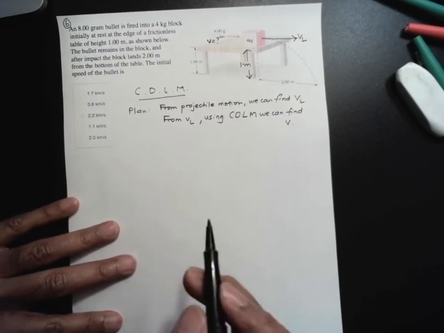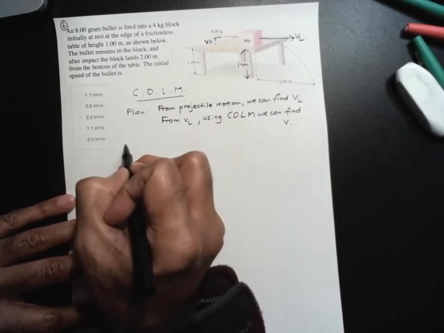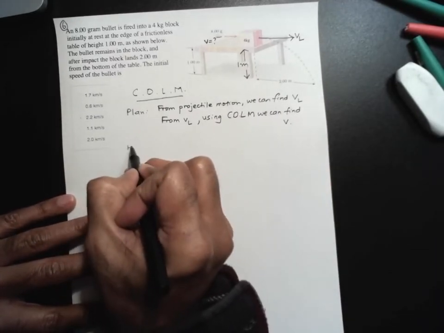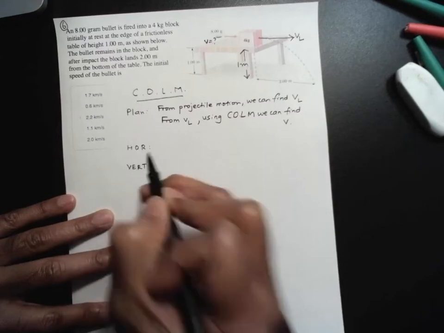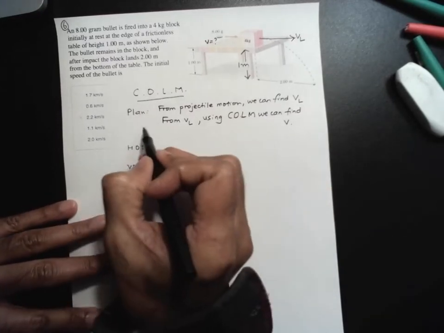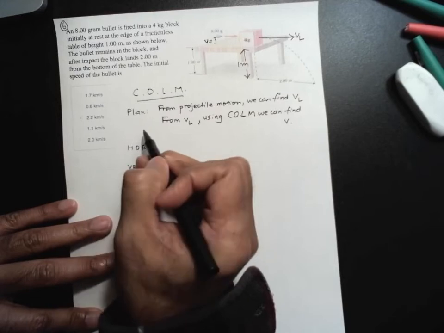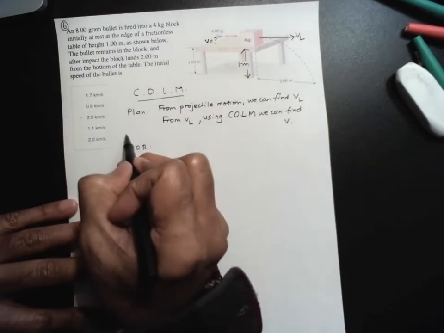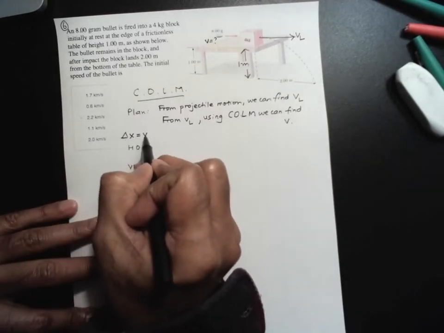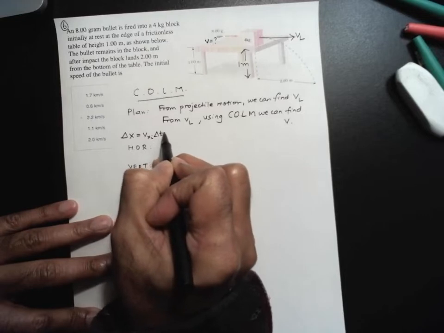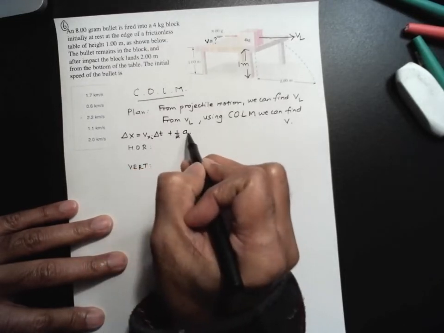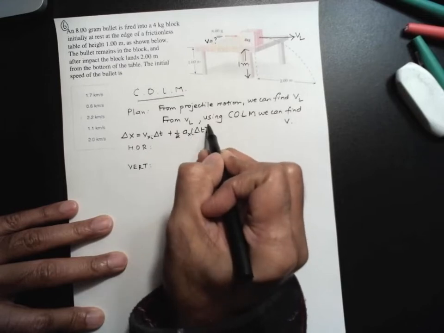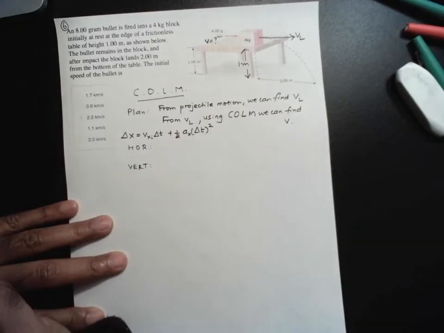All right, so for the projectile motion, once again, there's horizontal, there's vertical. It's always the same thing. The equation I always end up using is delta x equals vx initial delta t plus 1/2 acceleration in that direction times delta t squared.